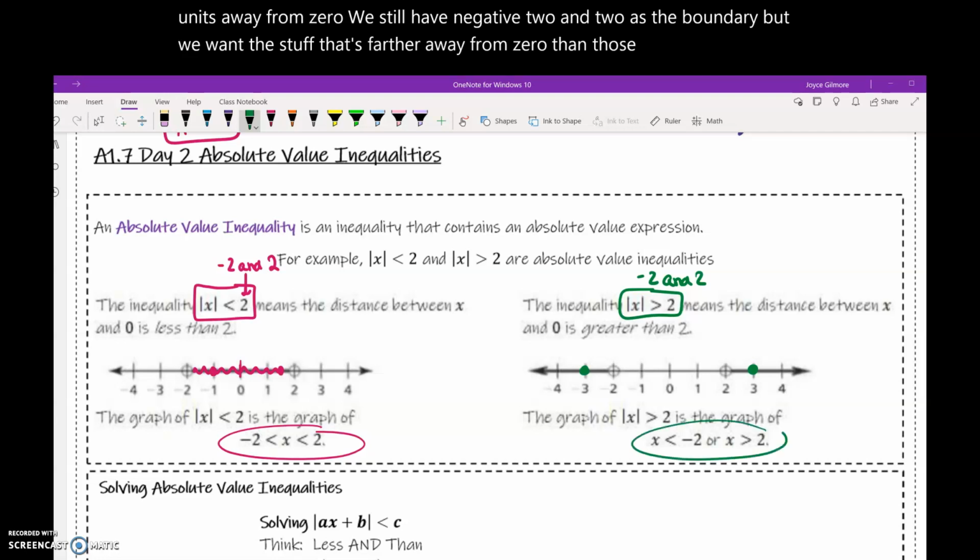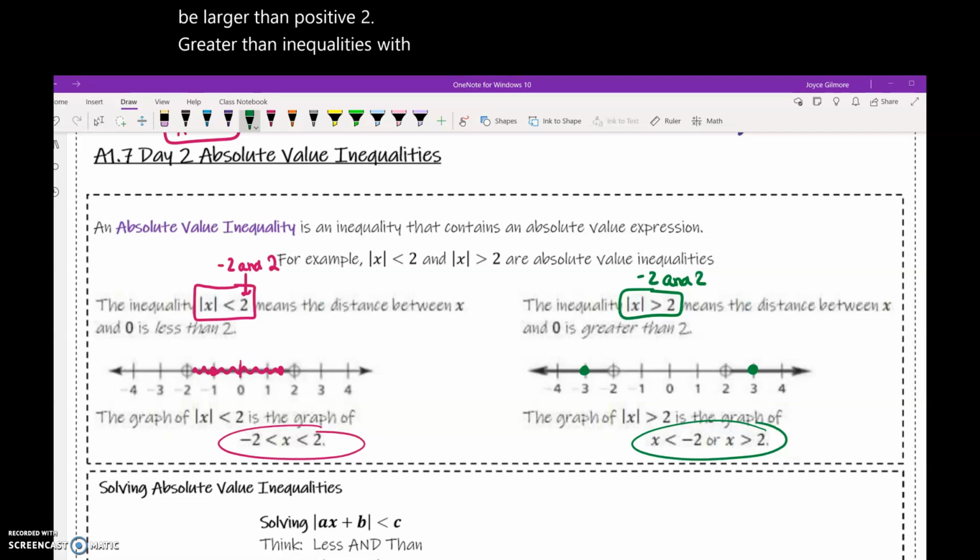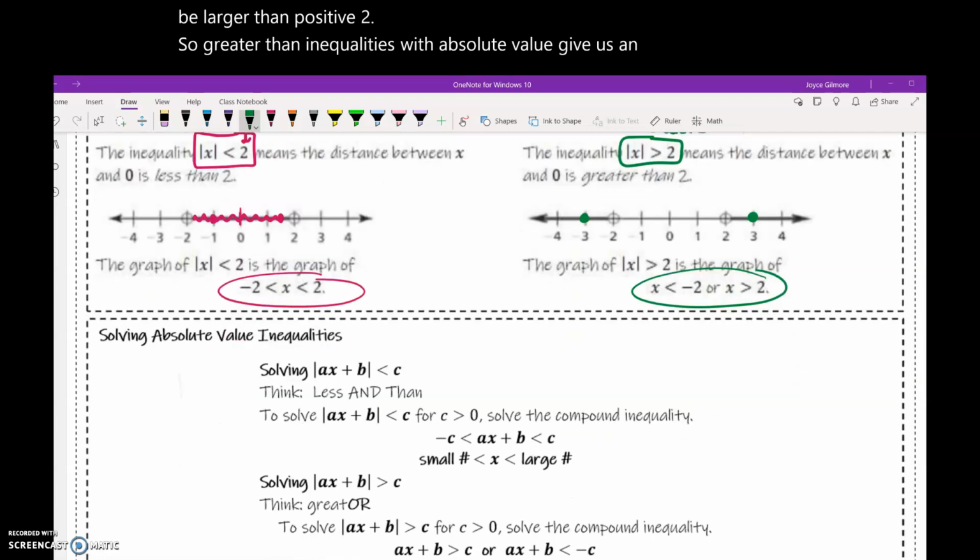This creates an or inequality. Our x values can be smaller than -2, or they can be larger than +2. So greater than inequalities with absolute value give us an or inequality.